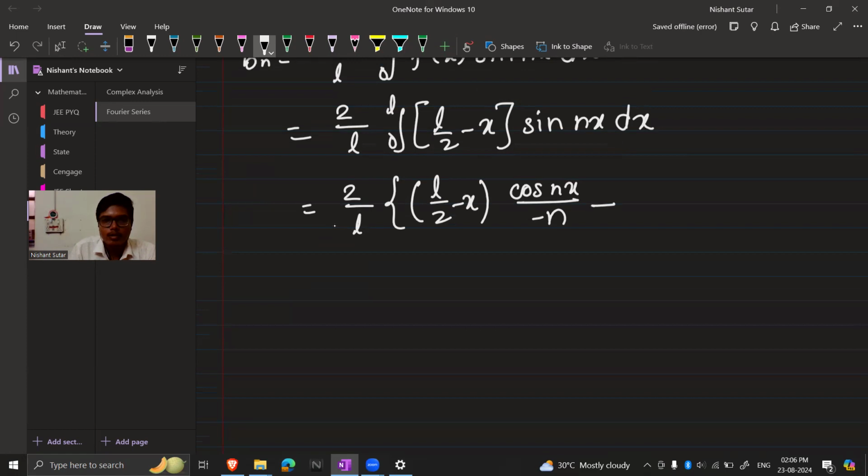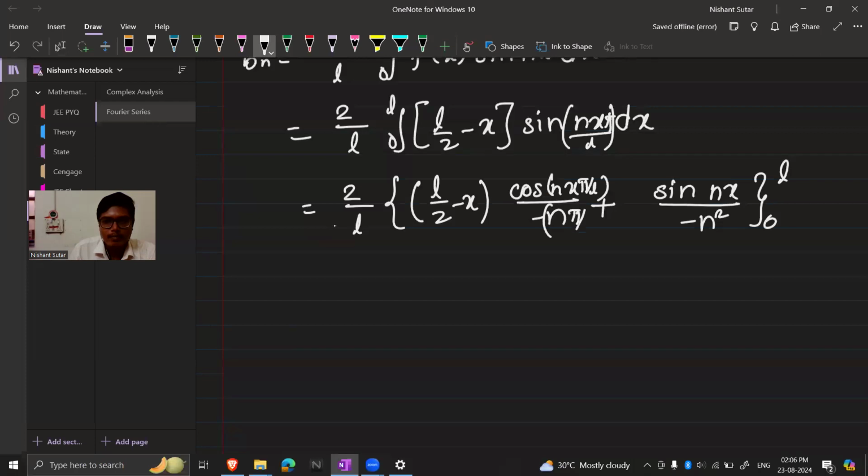Differentiation of the first value is minus 1, so minus minus will become plus, plus sin n x upon minus n square, in the range 0 to L. Notice that we are working with an arbitrary range, so here it should be pi by L, and this will be n pi by L, and again n pi by L whole square.